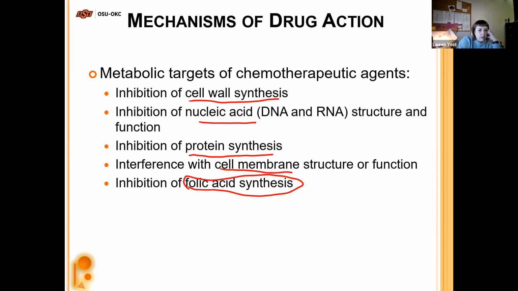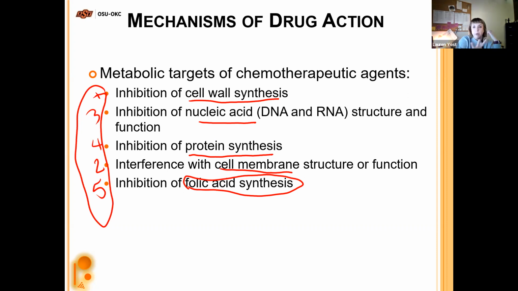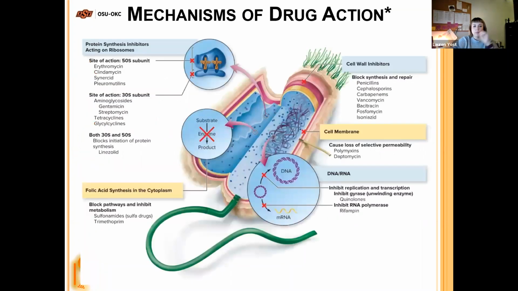So we had these ones: this was always 1, this one was 2, this one was 3, and this one was 4 on the last one. Now we're introducing a 5th one. So these are the 5 ways that these can work. So you might want to be aware of those. When we're talking about drug action, stick that folic acid synthesis onto the end of how the other ones worked in the previous chapter.